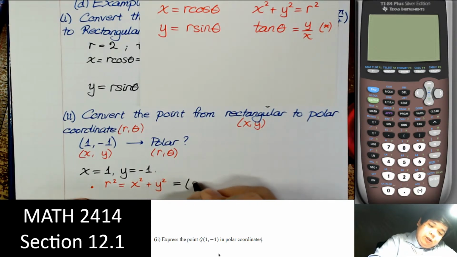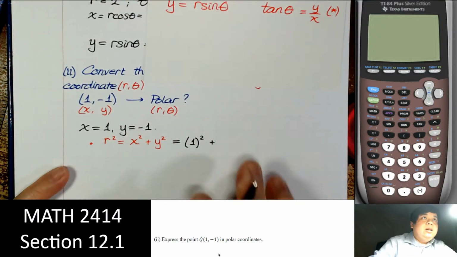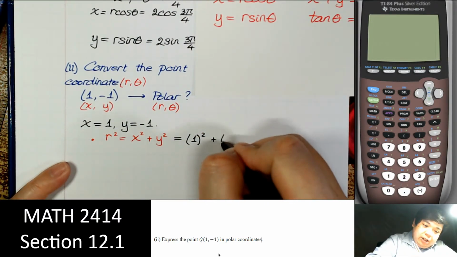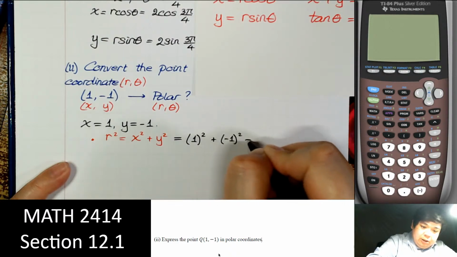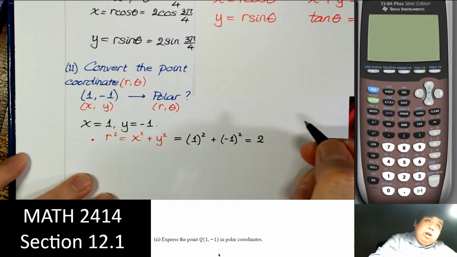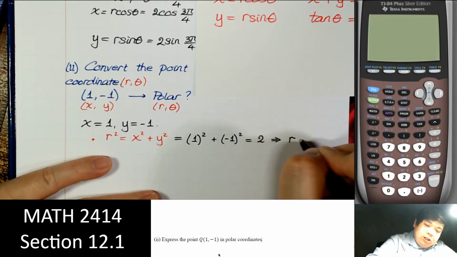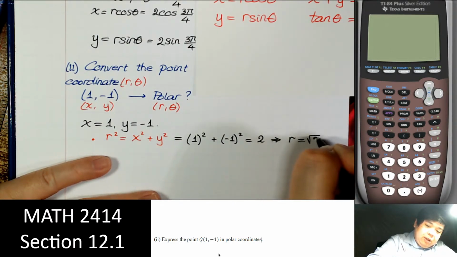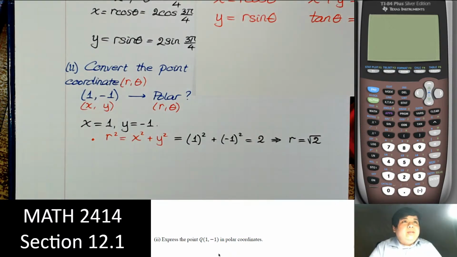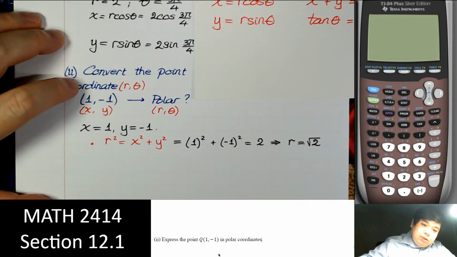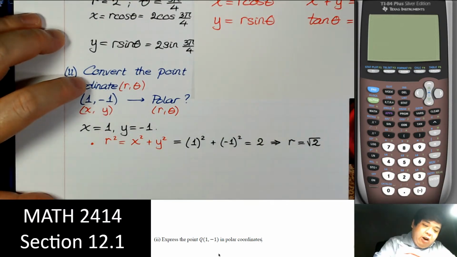So x squared plus y squared, r squared is 2. So take the square root on both sides. Let's just choose positive. r squared is 2, so r is square root of 2.